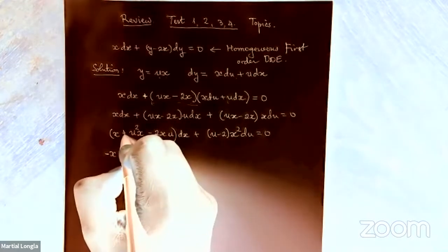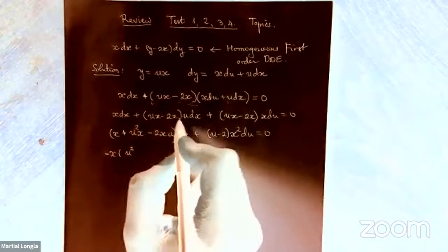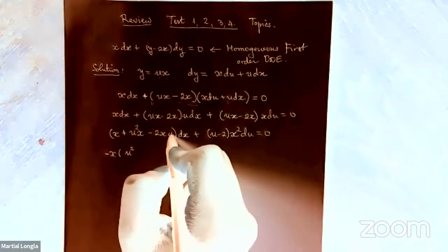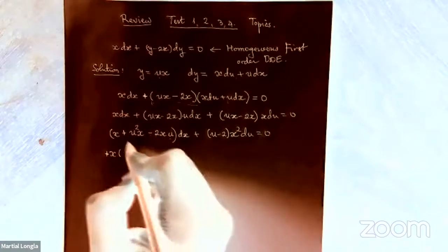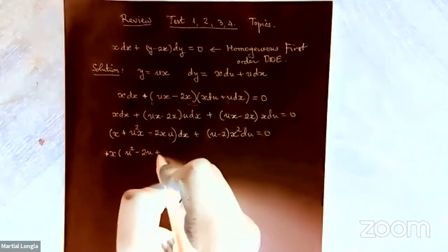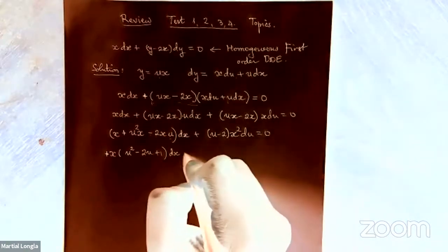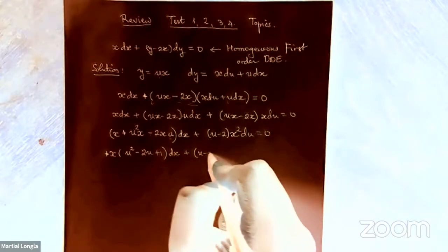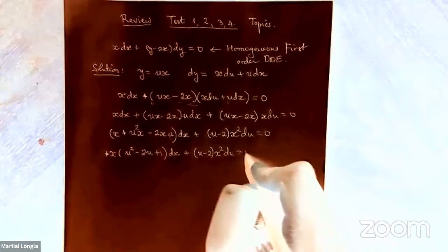This is plus, right? u times u, that's plus u squared minus 2x times u. Okay. So it's going to be u squared minus 2u plus 1 dx plus u minus 2 x squared du equals 0.